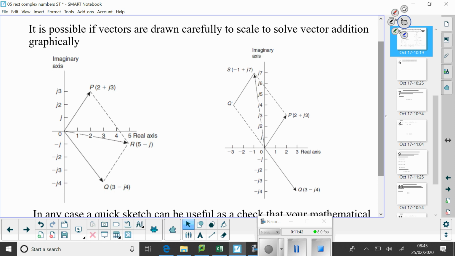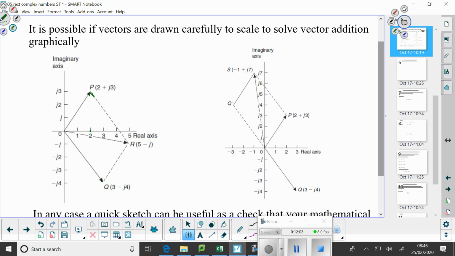For instance, if we're going to add p equal to 2 plus 3j, so we've gone 2 across and 3 up, we're going to add that to 3 minus 4j, so we've gone 3 across, minus 4 down.